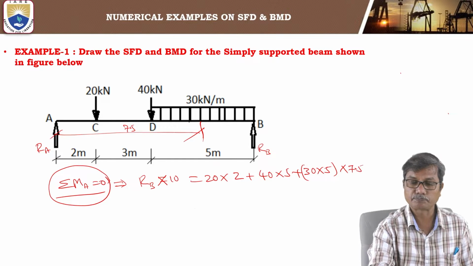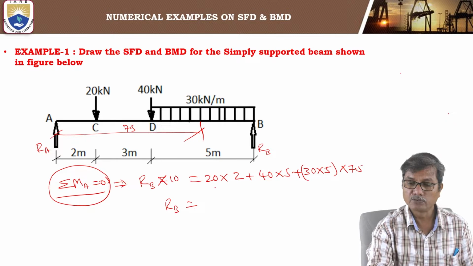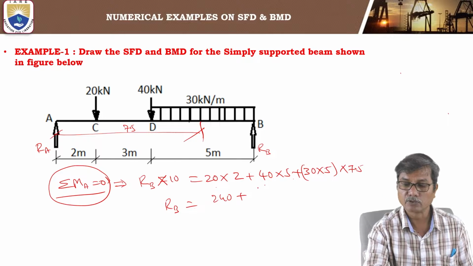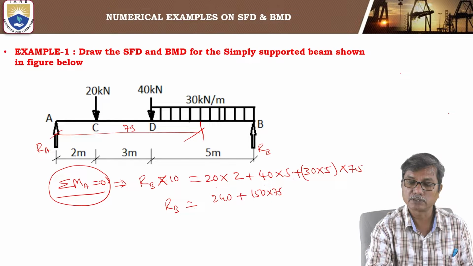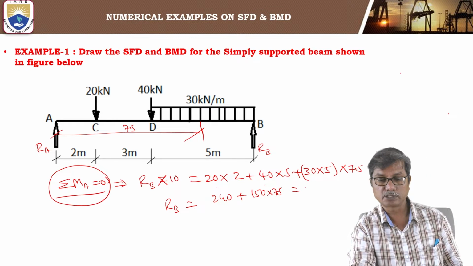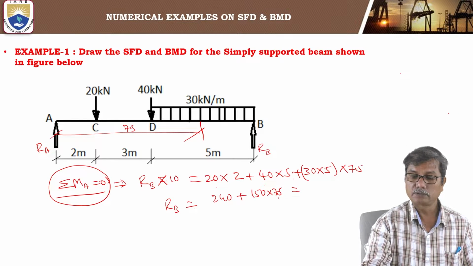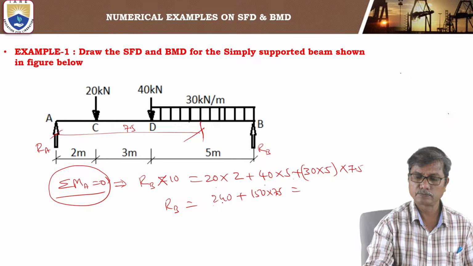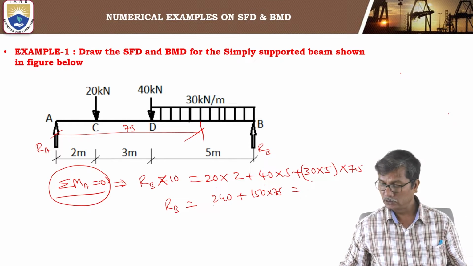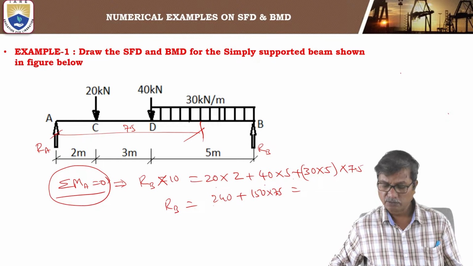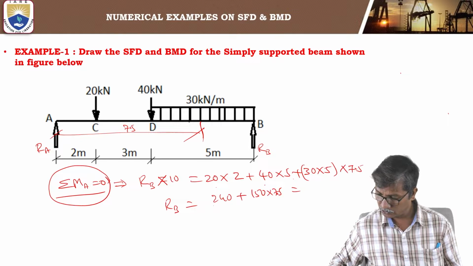So RB into 10 equals 40 plus 200, 240, plus 150 into 7.5, which comes out to be 1125, plus 240.